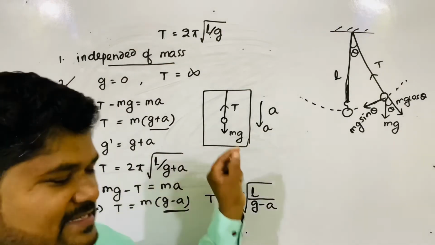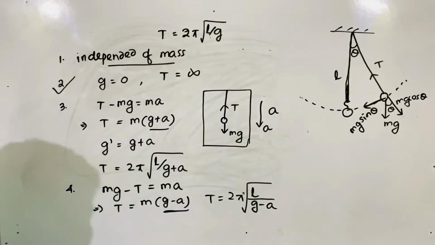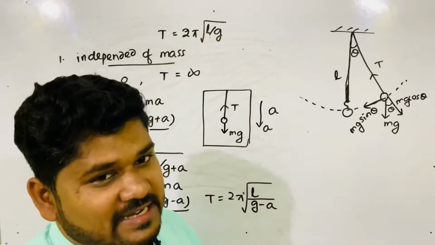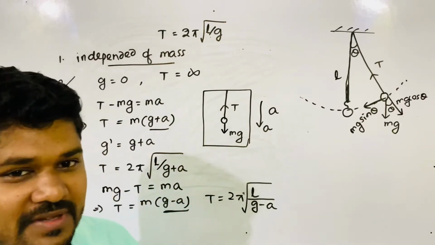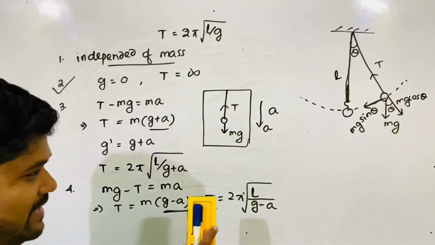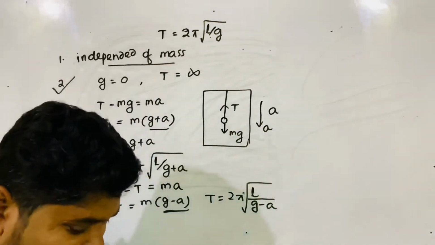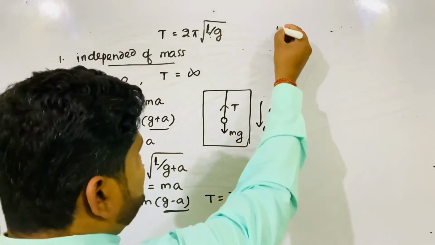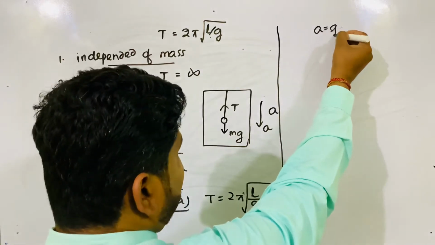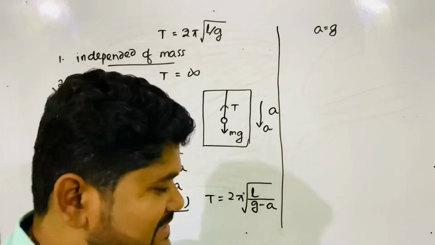The pendulum is inside the lift, and the time period is 2 pi root over L by (g minus a) when the lift is coming downward with acceleration a. But when the lift is falling freely, what happens? Lift in free fall means what happens to its acceleration? Acceleration is equal to g.